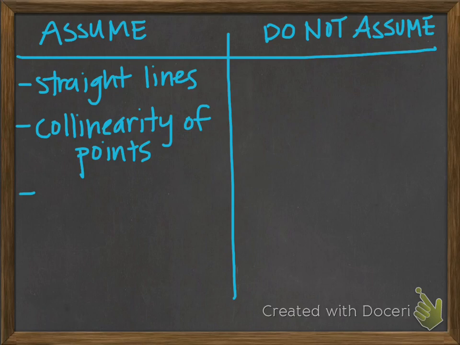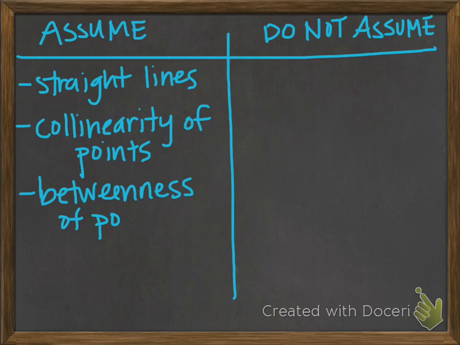We can also assume betweenness of points. On the collinear example with D, E, and F, E was between D and F because they were collinear on the same line or line segment. And then the last thing we can always assume is relative positions of points.